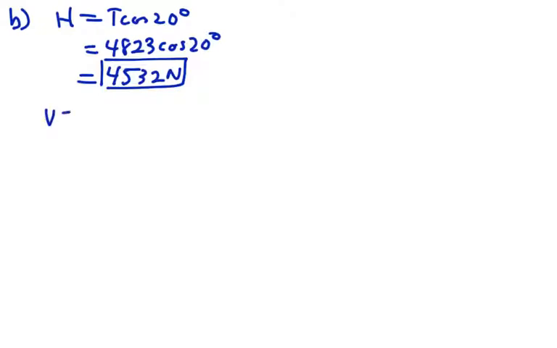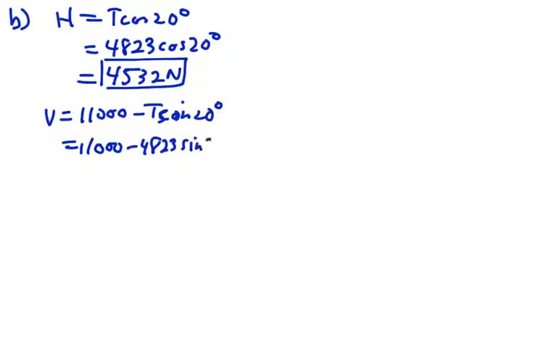We had that the vertical is 11,000 minus T sine 20. So that's 11,000 minus 4,823 sine 20. And that is what? 9,350 newtons.